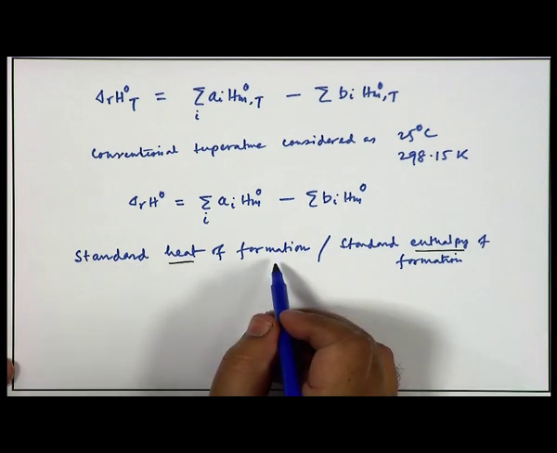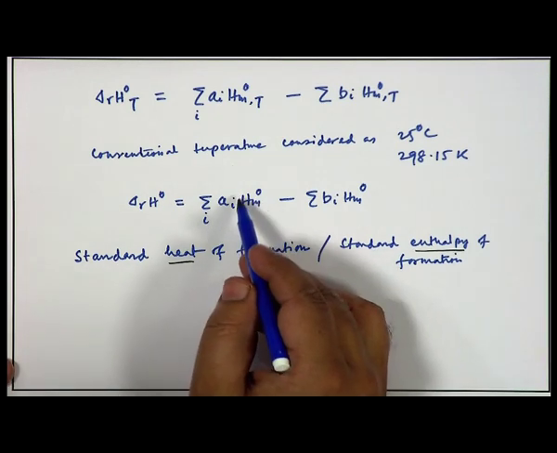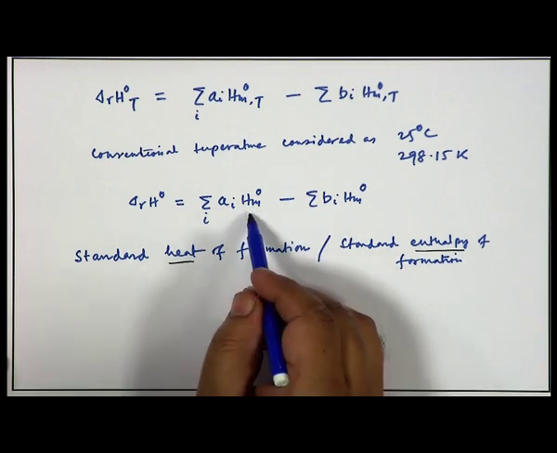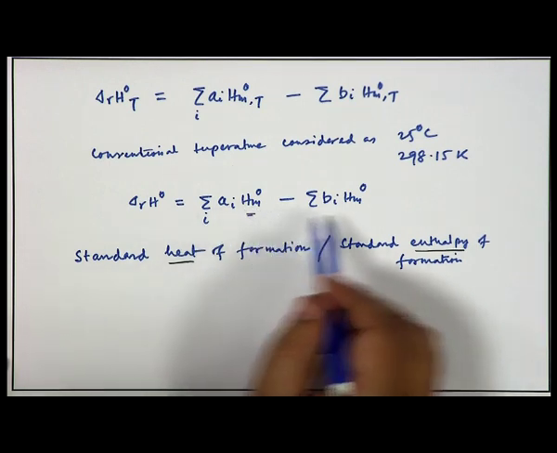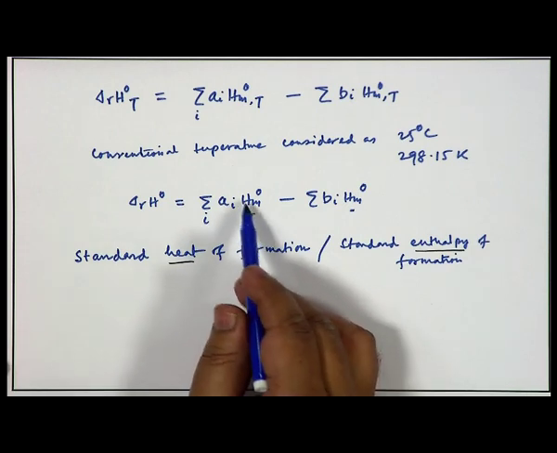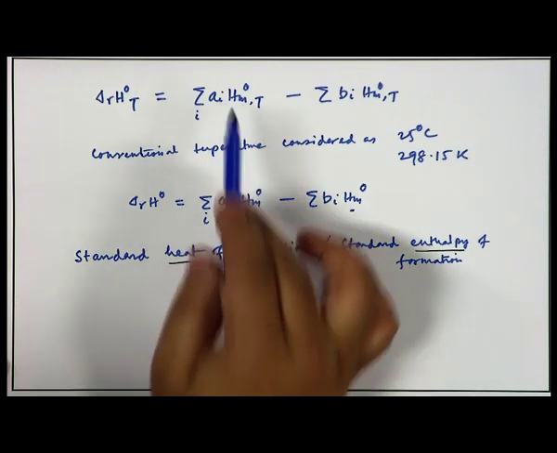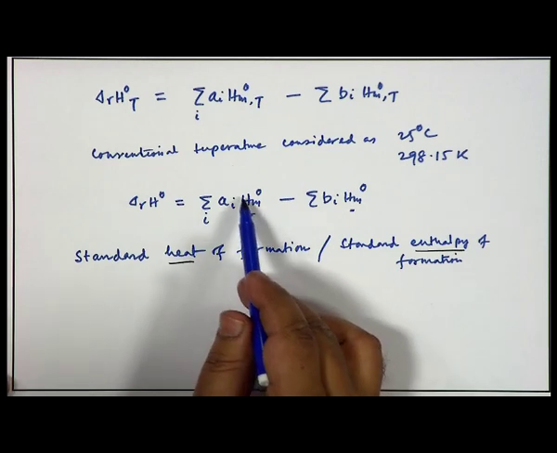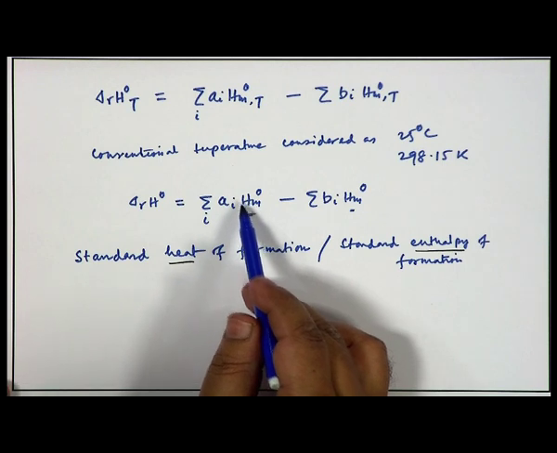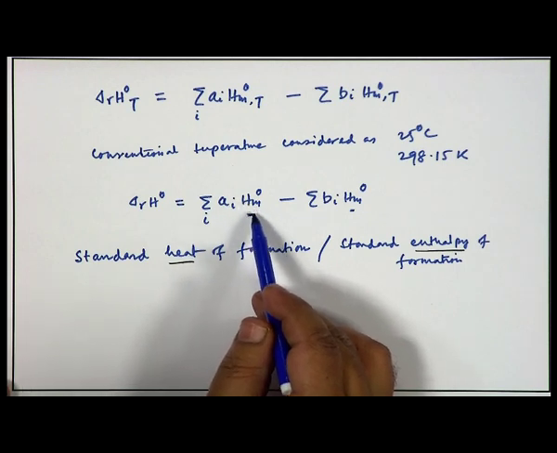This definition is required because, as we discussed in the last lecture, we cannot experimentally determine the molar enthalpies. Sorry, I said heat capacity, it is molar enthalpies. We cannot determine the molar enthalpies, as we discussed earlier.